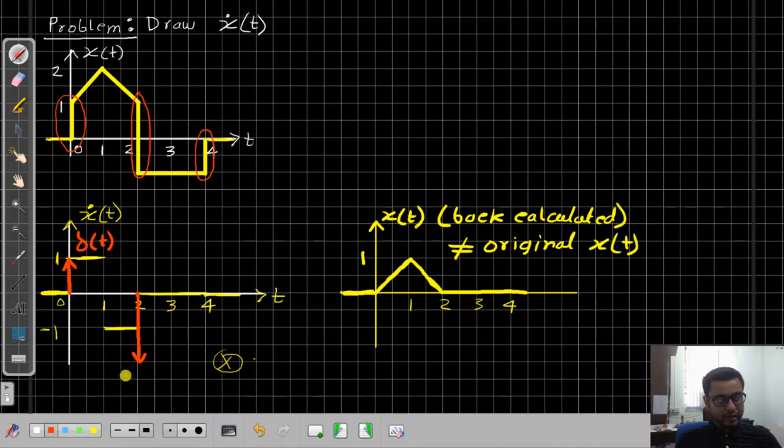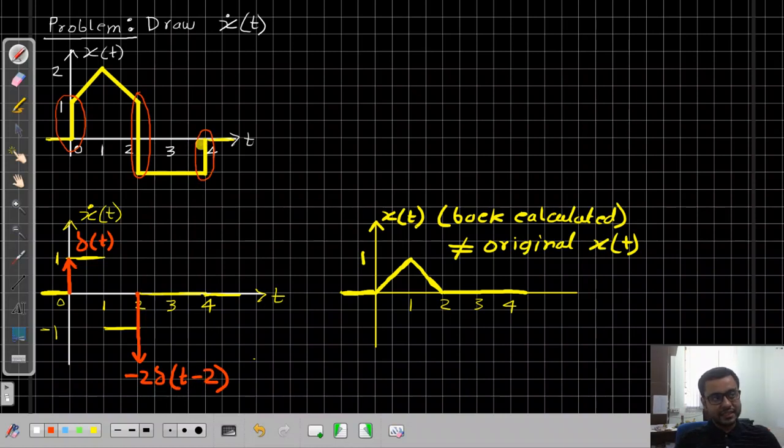So this will be -2 delta. Minus because it is in the negative direction, 2 because the total change is 2 units, and delta of t, not t, rather it should be t minus 2 because it is shifted from origin. So we have to incorporate this time shift.